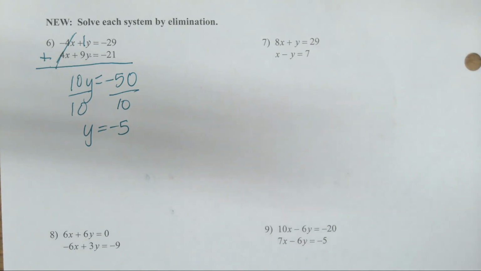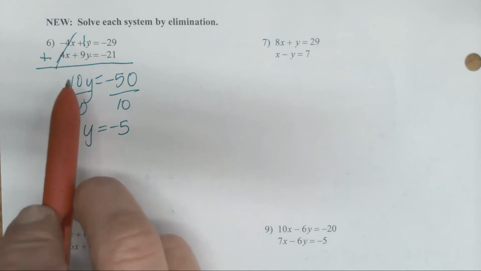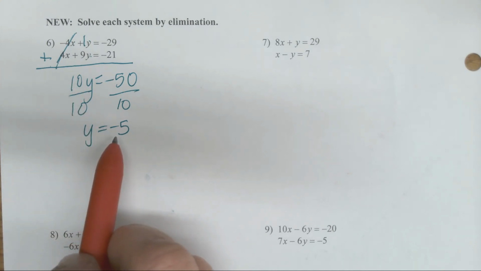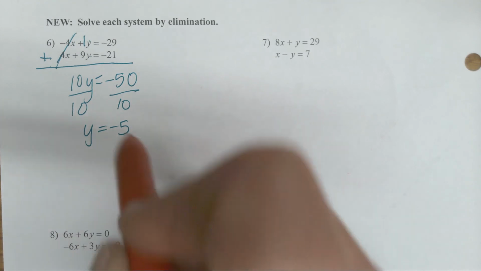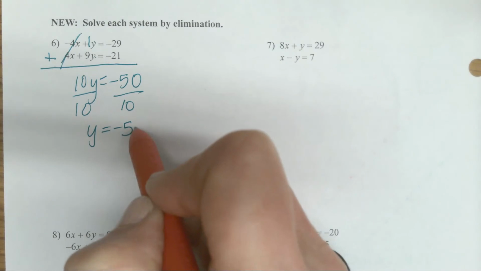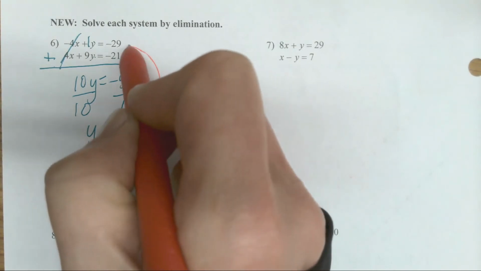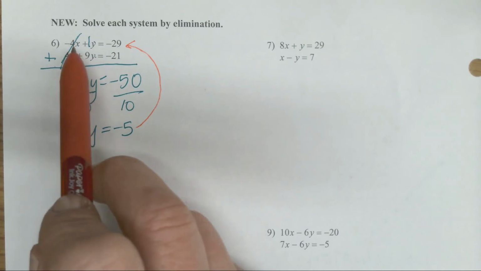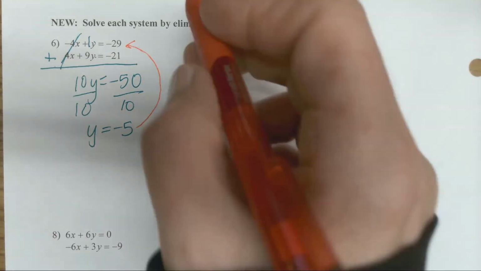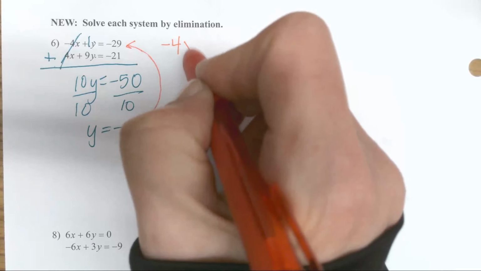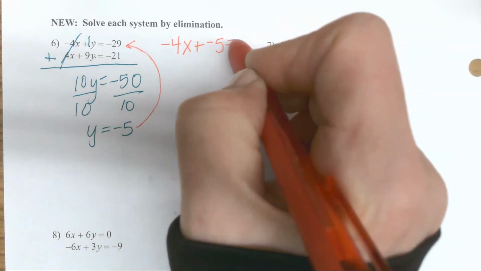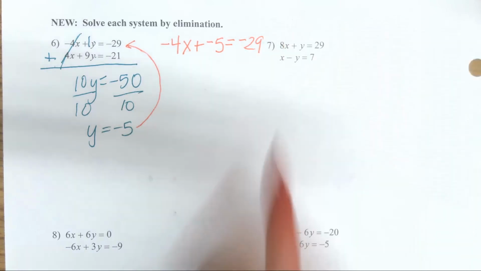All right. I am still not done. I still have to find x. So I'm going to take this y and I'm going to put it up in one of the equations. Pick the easiest equation. I think the first one is the easiest. Negative 4x plus negative 5 equals negative 29.